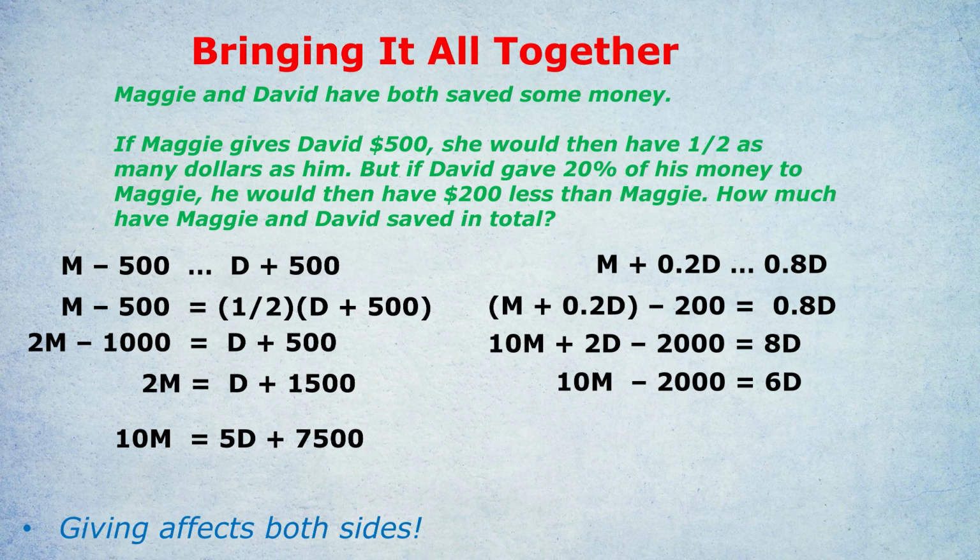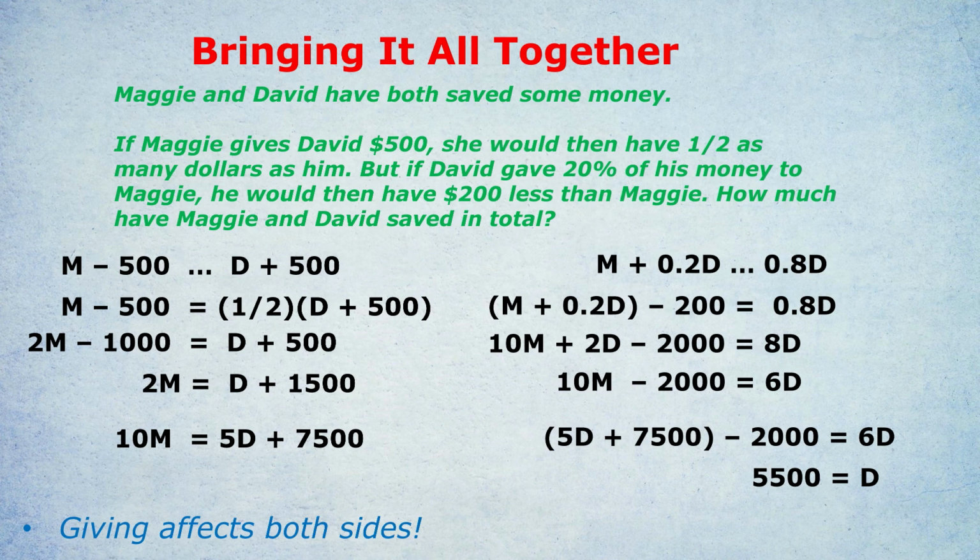And if 10m equals 5d plus 7,500, we can replace the 10m on the right-hand side with 5d plus 7,500, eliminating the m's. Of course, we can now do 7,500 minus 2,000, giving us 5,500. And we can also, in the same stroke, if you want to be confident, take away 5d from both sides. So 5,500 equals d.